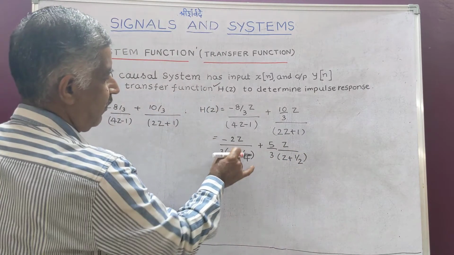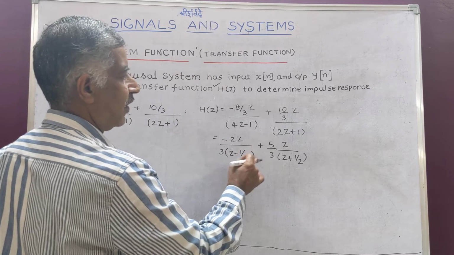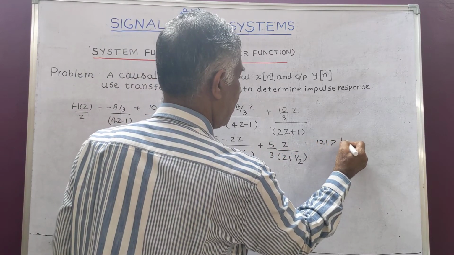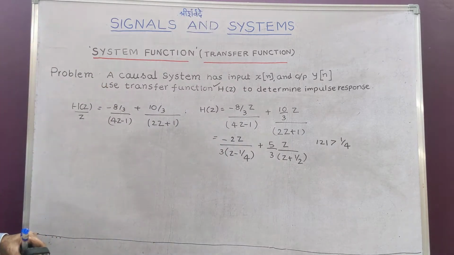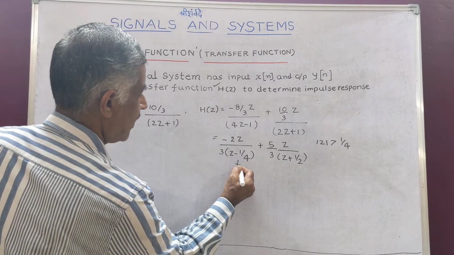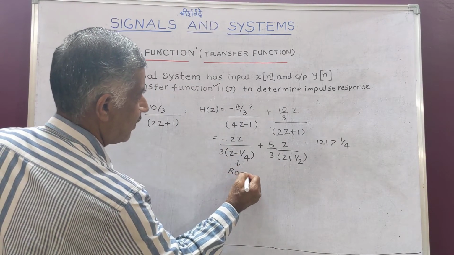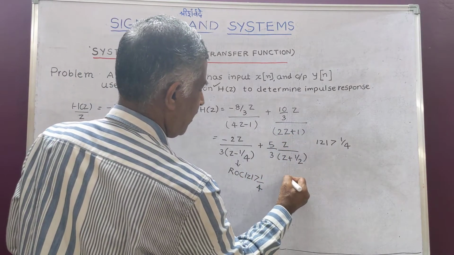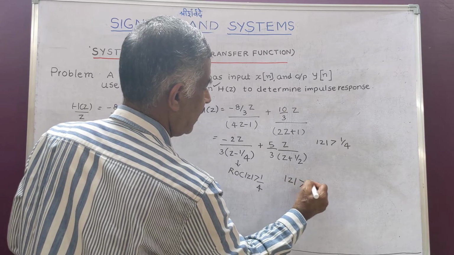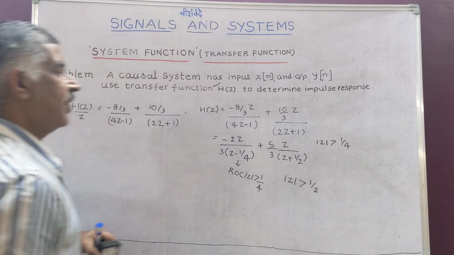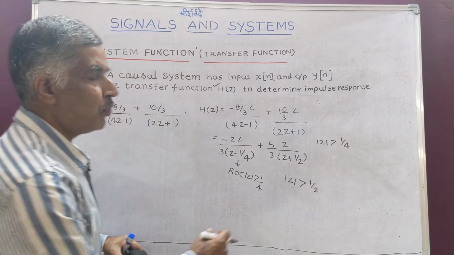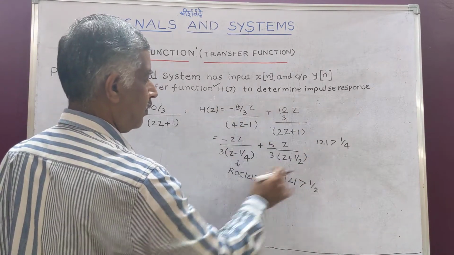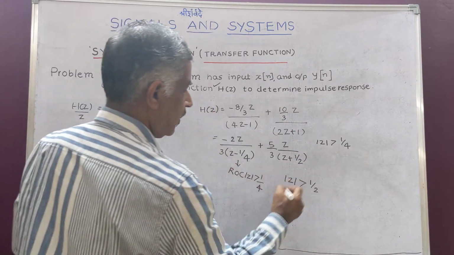Now what is the ROC for this? The ROC for the first term is |z| > 1/4. For the second term, |z| > 1/2. Now using the linearity property, what is the ROC for the whole H(z)?